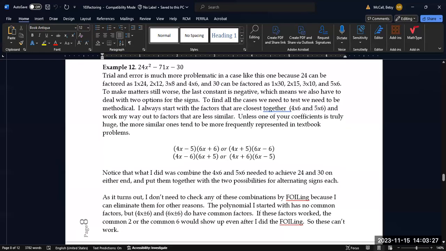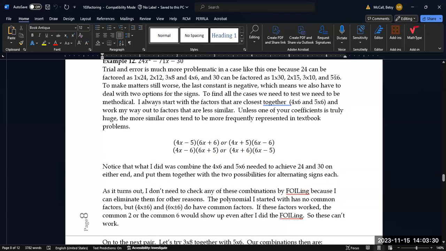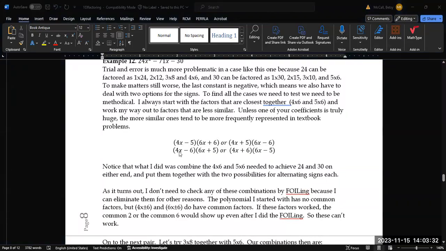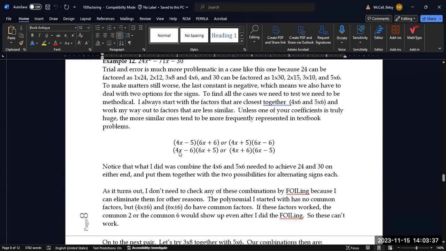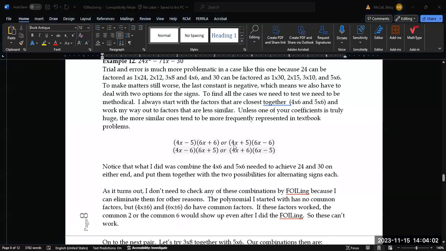All right, so looking at just the 4 and 6 and 5 and 6 combinations, the possible combinations of those factors, given the change in sign, are the 4 coming first and the 6 in the second factor, paired with 5 and 6, or 6 and 5. In this case, the first factor is positive and the second factor is negative, or the first factor is negative and the second factor is positive, or all those 5s, 6s, and 4s in the same order, but with the signs flipped.